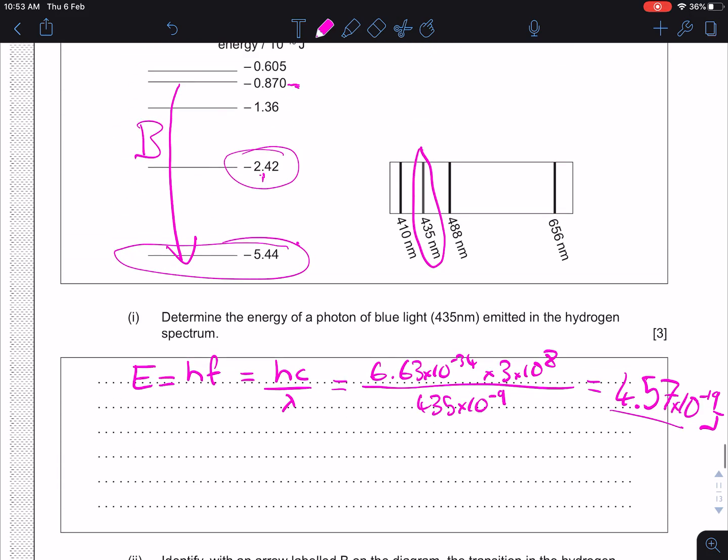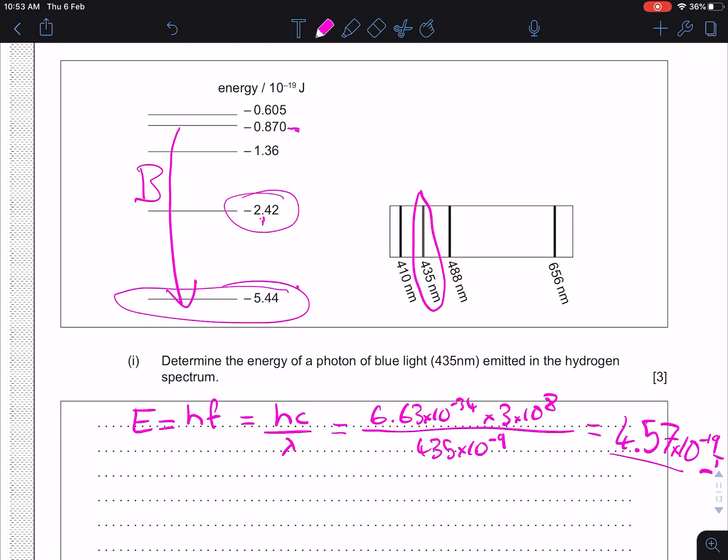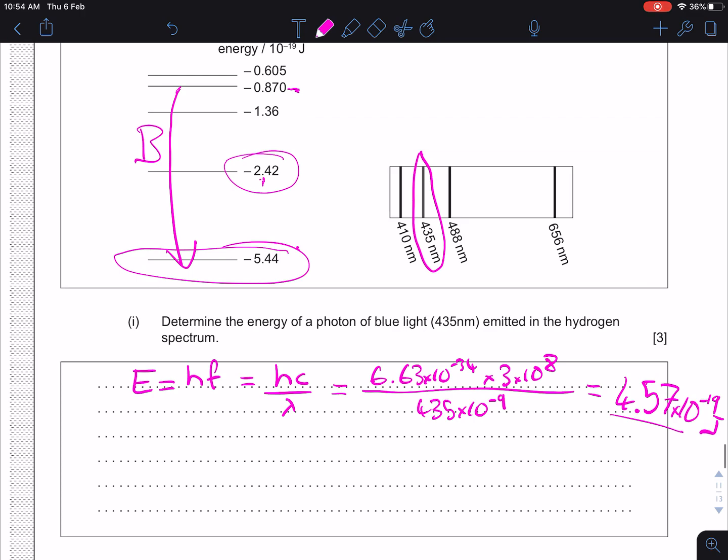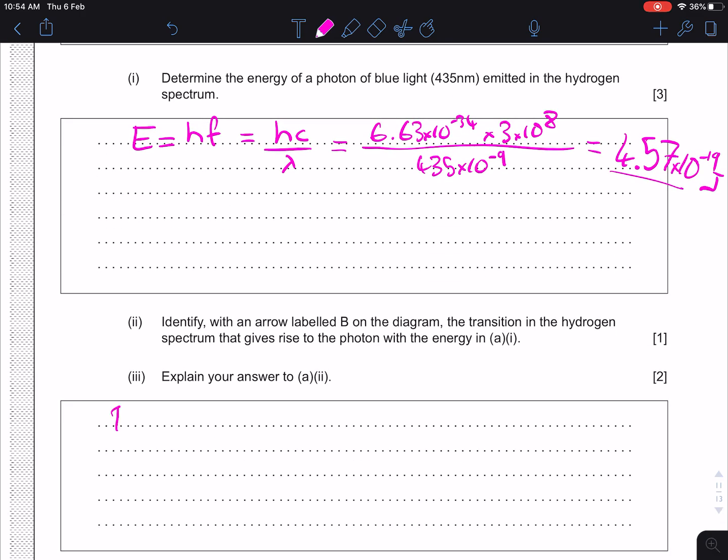Explain your answer. Well, to explain the answer, we've just got to say that it's emitting a photon, so the energy of the hydrogen has to decrease. So photon emission requires a decrease of energy of the hydrogen.